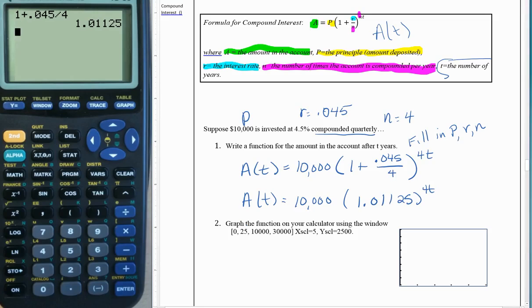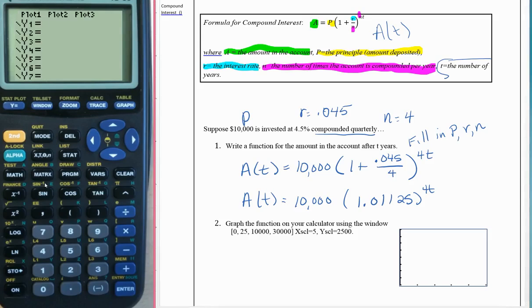So next it says, graph the function on your calculator, and it gives us a window. So we're going to go here and we're going to put in 10,000, 1.01125 raised to the 4, here it'll be x, make sure you put that in parentheses. Okay, we're going to go to our window and we're going to change it to 0.25.